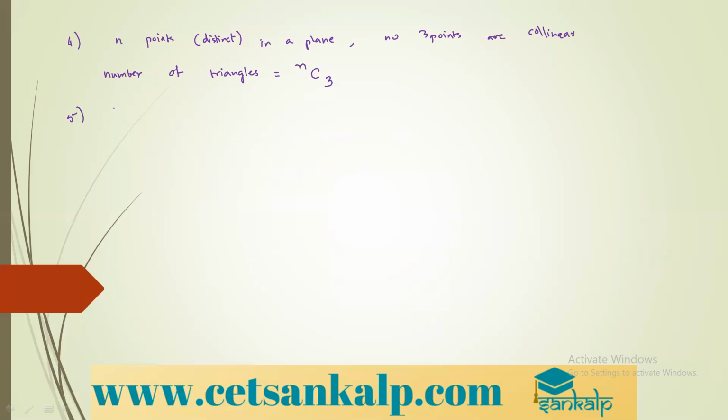Next, fifth one. If there are n points, all these points are different points in a plane. Now, out of these n points, if m points, a few points, are collinear. Again, remember, these m are sometimes equal to 3, sometimes more than 3 points are also collinear: 4 points are collinear, 5 points are collinear.